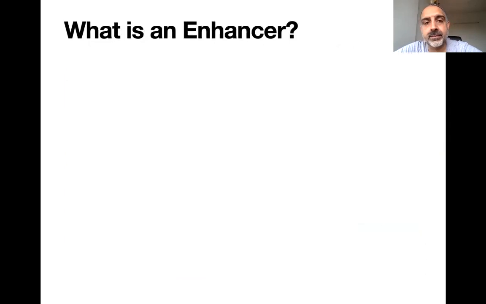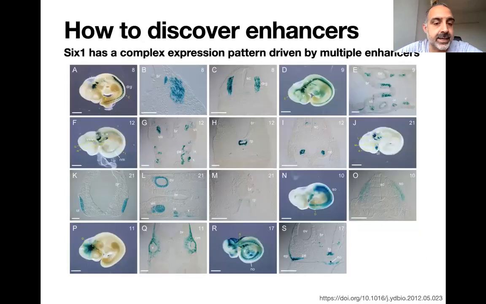And so this gives us an idea that perhaps these enhancers are kind of modular, that they act almost independently to control different aspects of the expression of a particular gene.